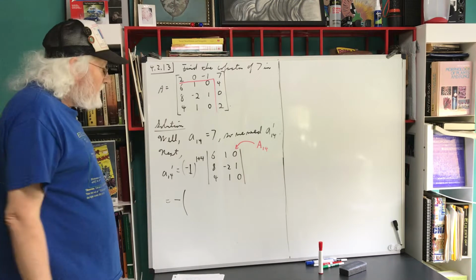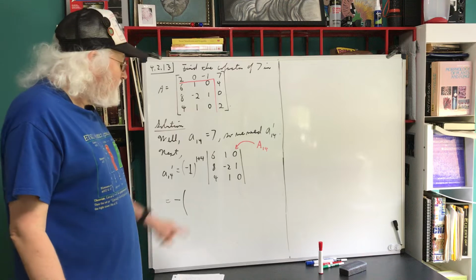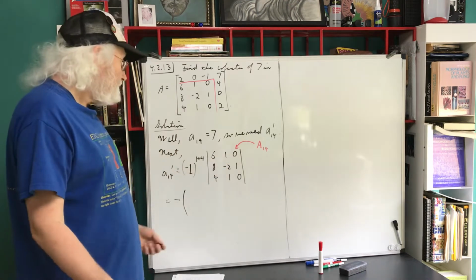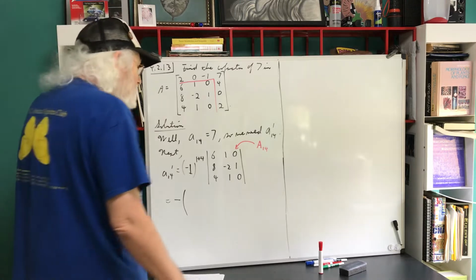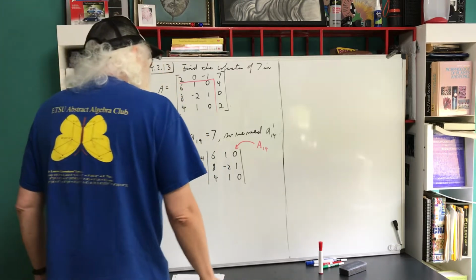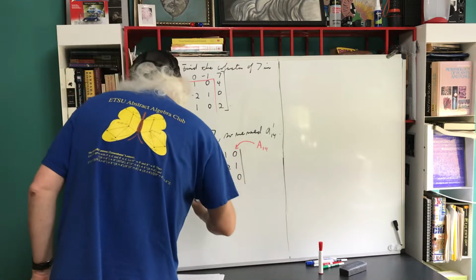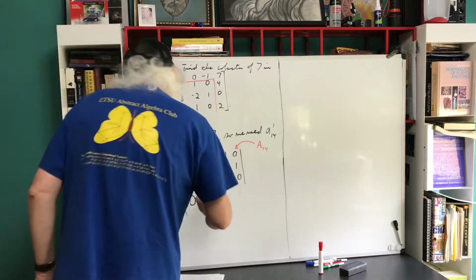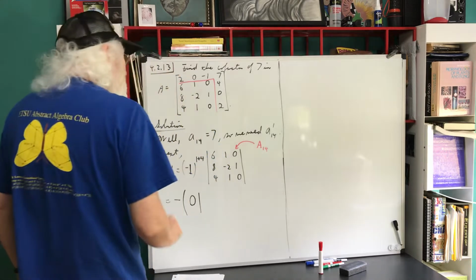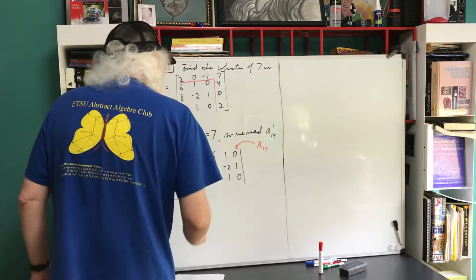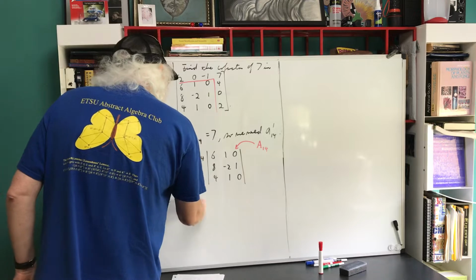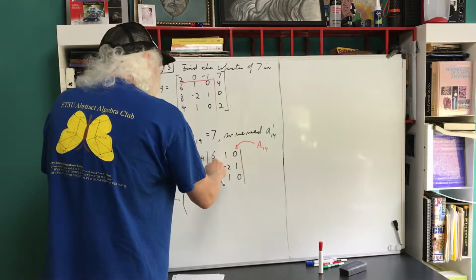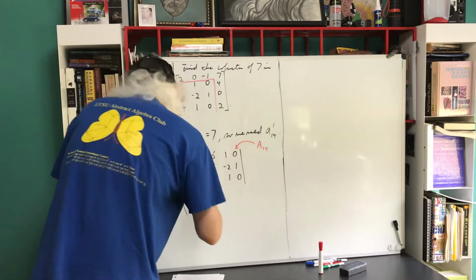Let's expand along the third column because it's got 2 zeros in it. So expanding along the third column, we'll have 0 times the determinant of, that's for the record, I'll write it out. We'll eliminate the row and column containing that. Oh, I forgot something. The 0 means I get away with it. But we're looking at the 1, 3 entry.